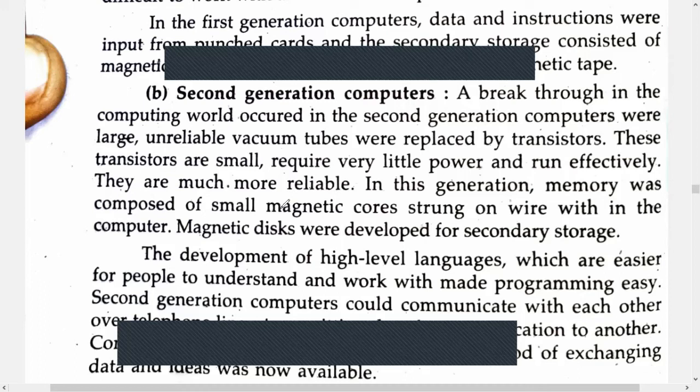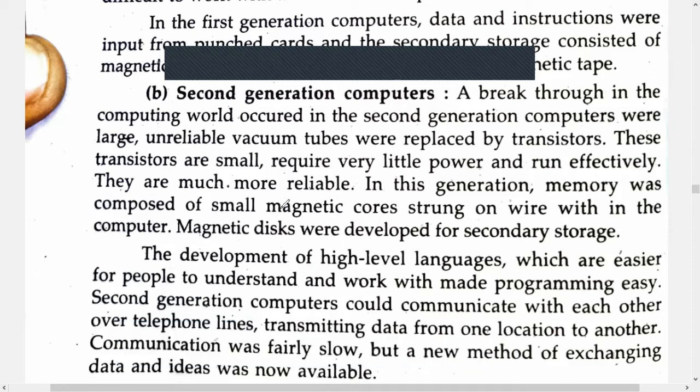Previously, in the earlier generation, we had the shutdowns, and these vacuum tubes were unreliable. They do not work continuously, but transistors are more efficient and consume less power. This is what development is. We work on the drawbacks of earlier generations and invent new things.